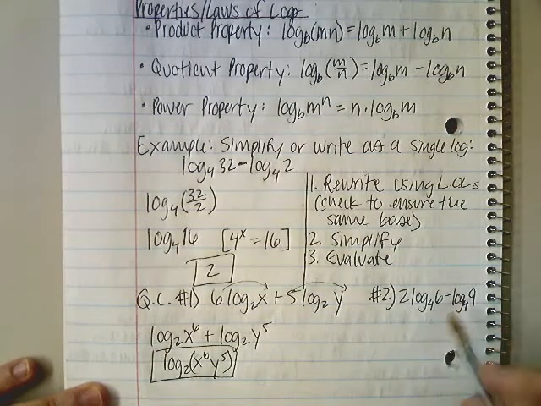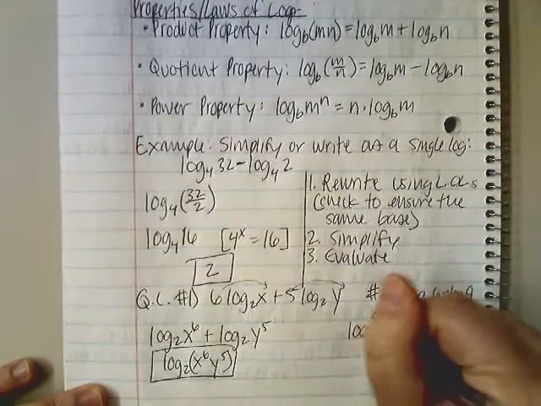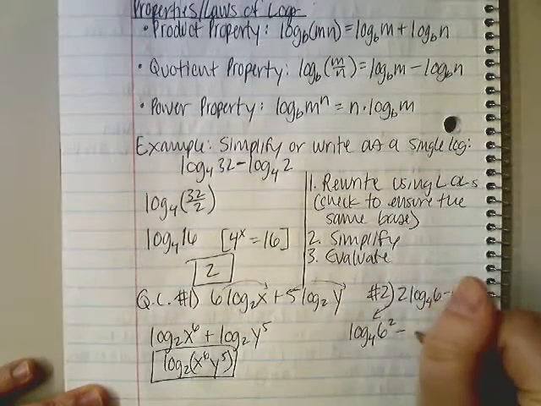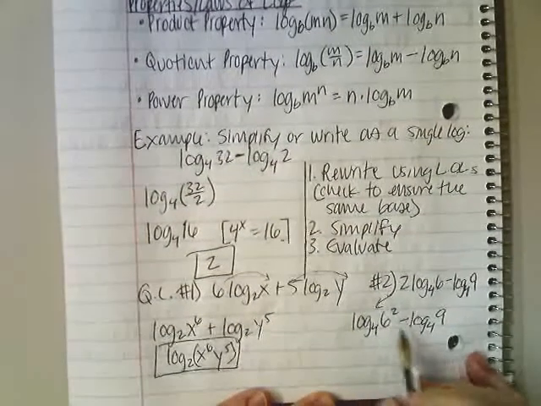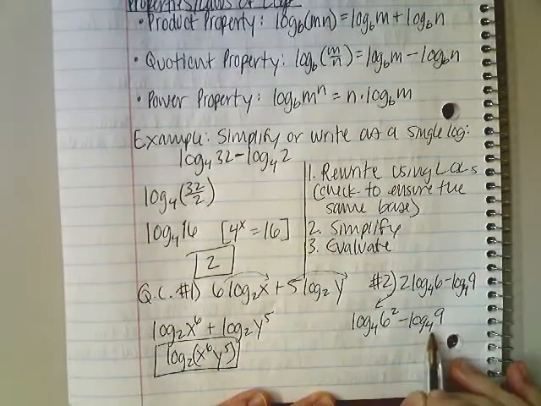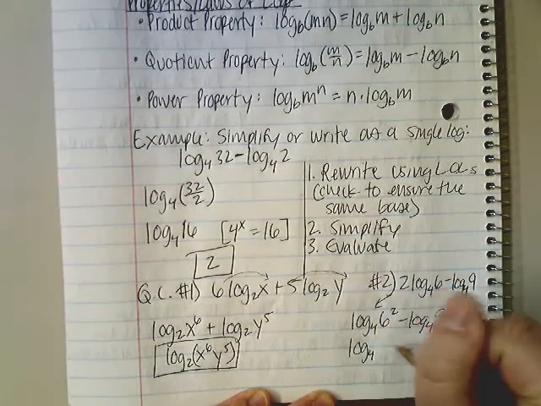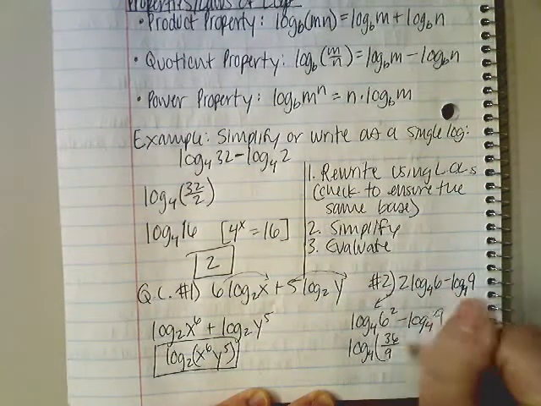The second one, I'm going to start by doing the same thing. I'm going to bring the 2 up into the exponent. So it becomes log base 4 of 6 squared minus log base 4 of 9. Again, since I'm subtracting two logs with the same base, I can divide their arguments. So I have log base 4 of 6 squared, which we know is 36, over 9.